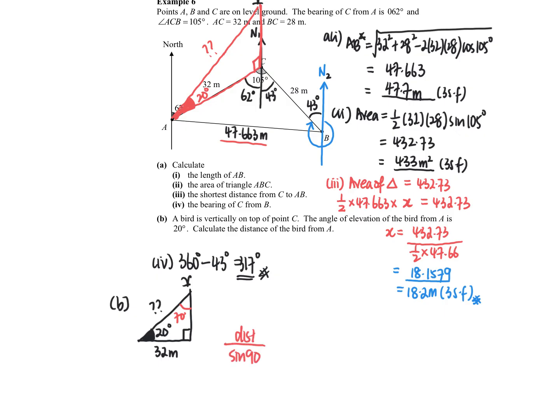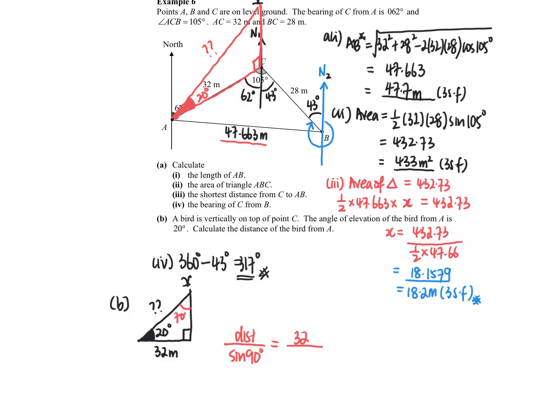Wait, Miss Wong, how is it 90 degrees? Because anything that is vertical to the flat ground is perpendicular. Because they say the bird is hovering vertically above point C, so it must be 90 degrees. You cannot be standing vertical but like that. Vertical means like that.